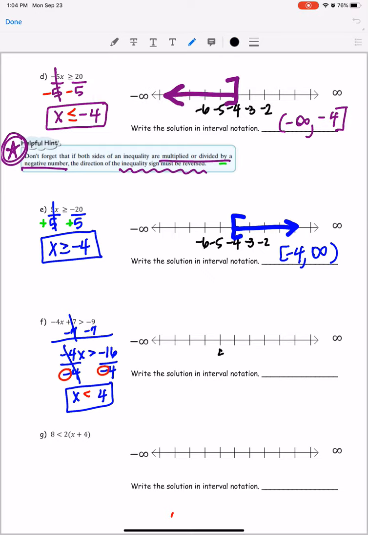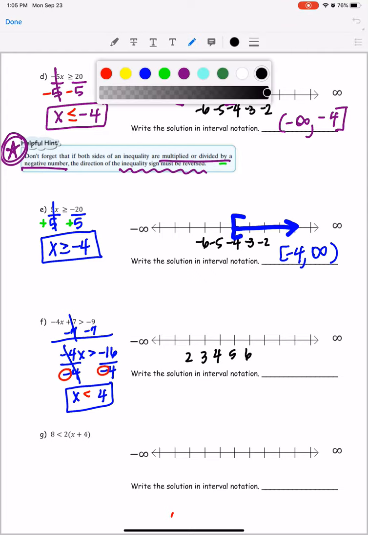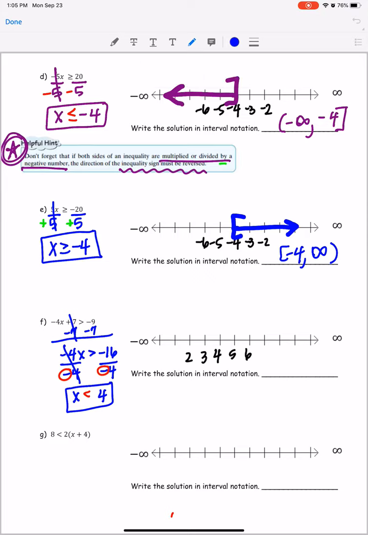So on our graph, 4, use this arrow, it's pointing to the left, so we're going to the left.